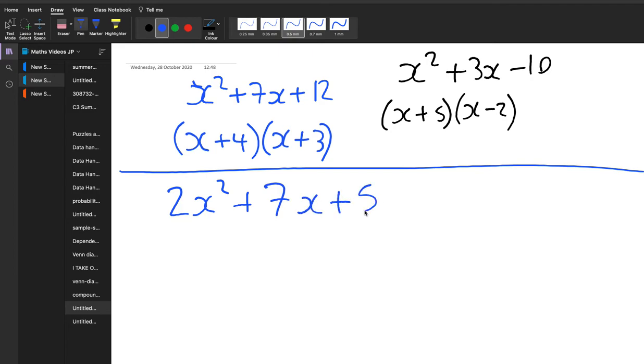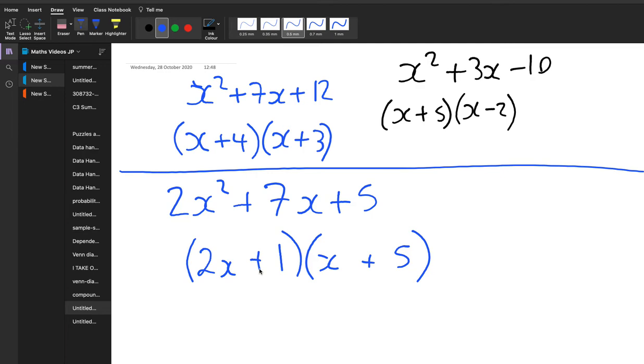I imagine at this stage a lot of you would be running. First of all, you'd be like, I don't know what to do. I've seen some people try to do it like this, where one of them's going to be 2x and the other one's going to be x, and then it's going to be 1 and 5 because they have to multiply to give 5. Is it 1 here? Is it 5 here? Is it plus? And even then, you have to try different things.